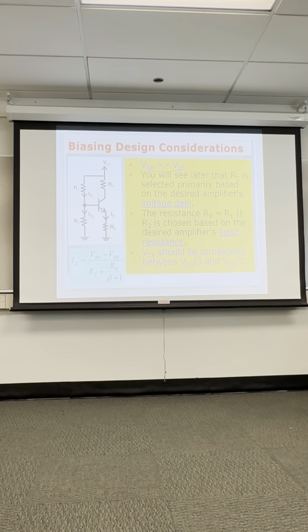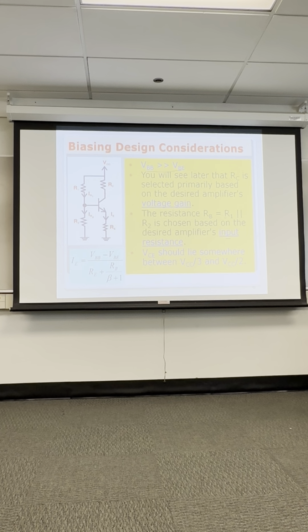And we were talking about solving for this voltage here. The collector resistor is to give the AC gain in the circuit. And R sub B, which is R1 in parallel with R2, we use that to get the input resistance.